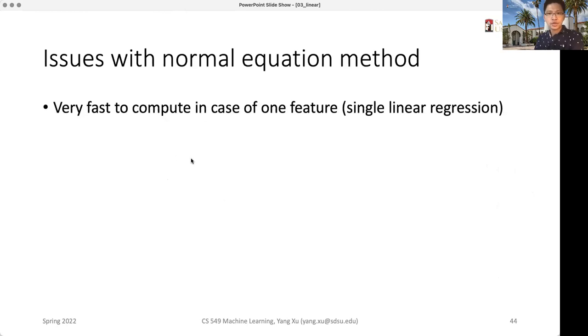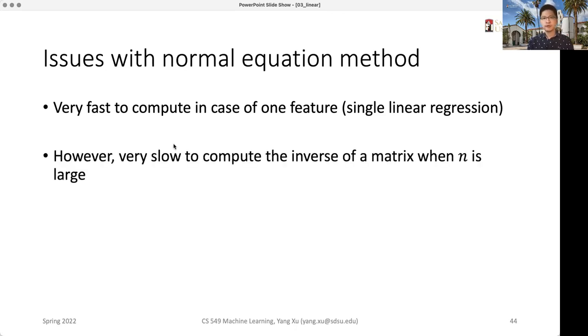So the purpose of using the gradient descent method is that we do have some issues with the normal equation method. It's fast to compute when we have fewer features, but it becomes very problematic when we have a large data set with many more features.